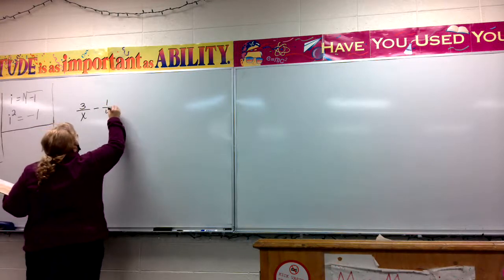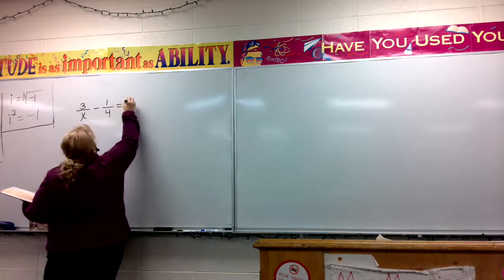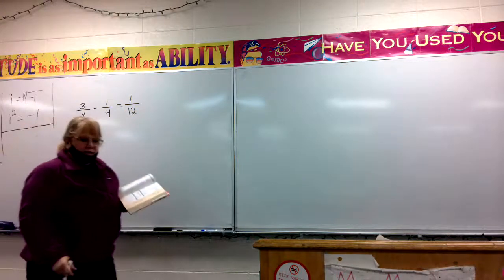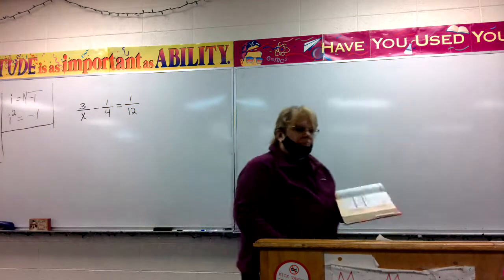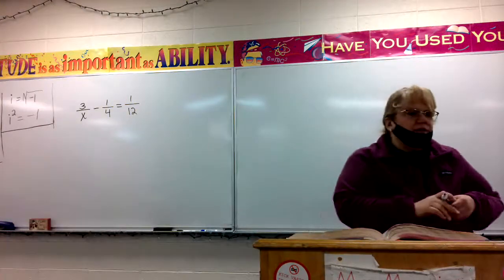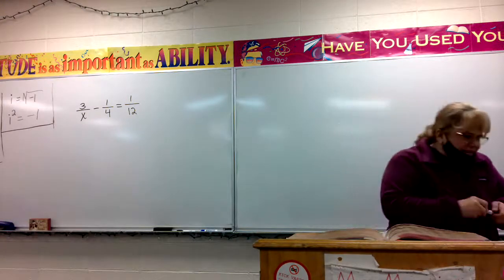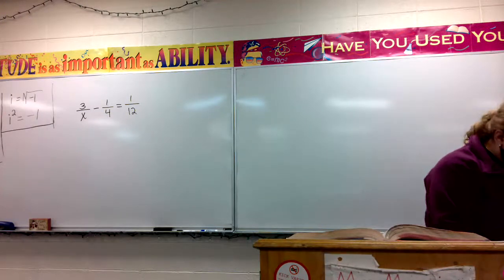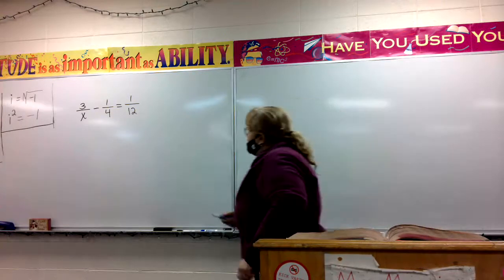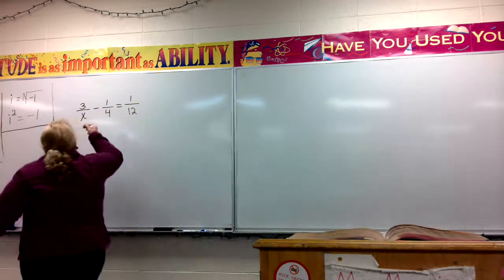Look what's in the denominator. Look what's in the denominator now. What's different about it? Right, yes, it's got an x in the denominator. But that's okay. You're still going to do the same thing.